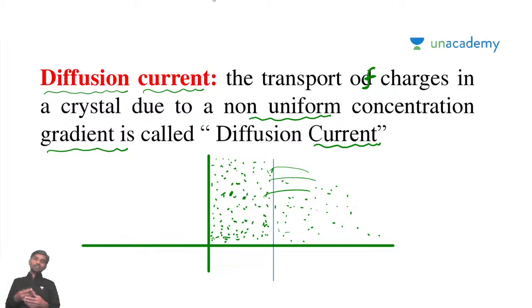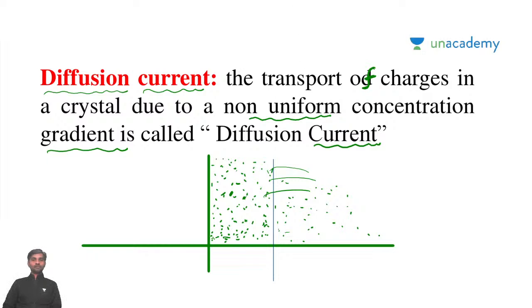So that is nothing but diffusion. Very simple concept, right? So drift and diffusion. Drift is nothing but external force. Diffusion is nothing but internally, because of the non-uniform concentration gradient.